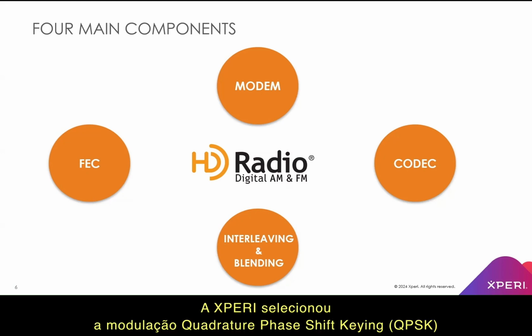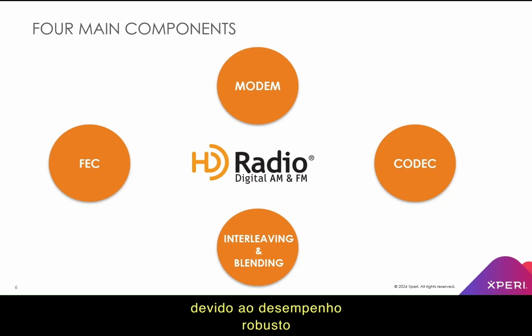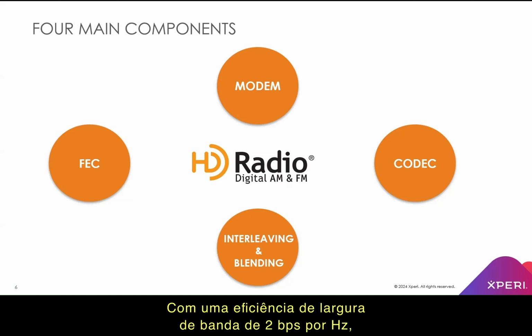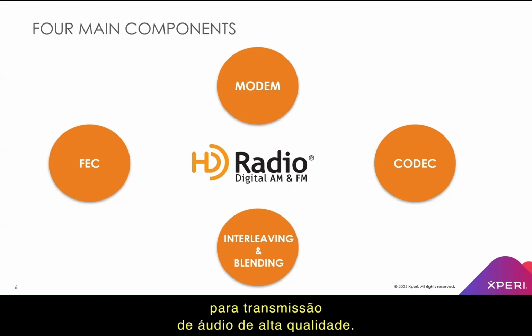Xperi selected quadrature phase shift keying for modulation because of its robust performance and sufficient throughput for near-CD quality digital audio. With a bandwidth efficiency of 2 bits per second per hertz, QPSK provides the necessary bitrate for high-quality audio transmission.